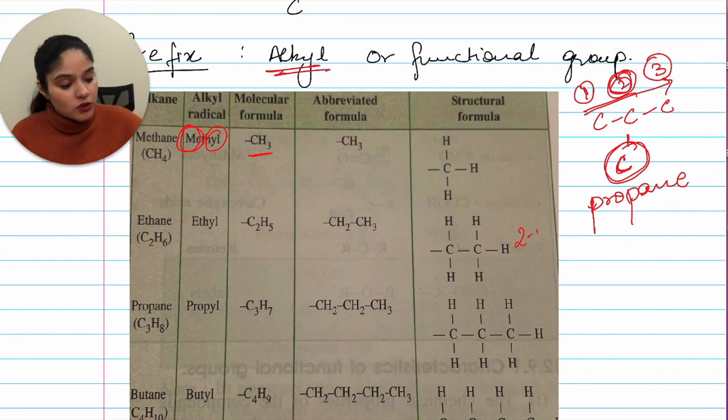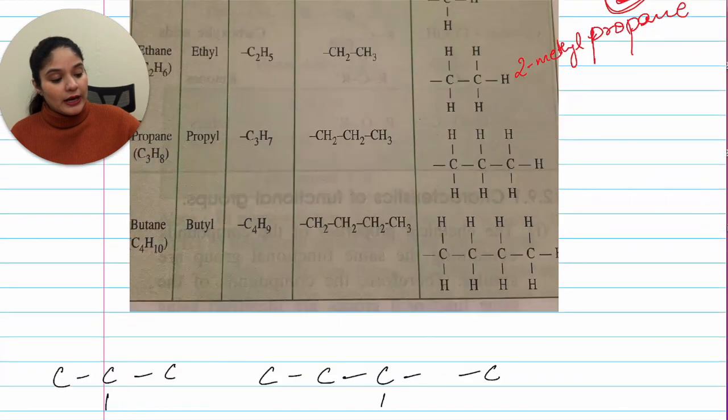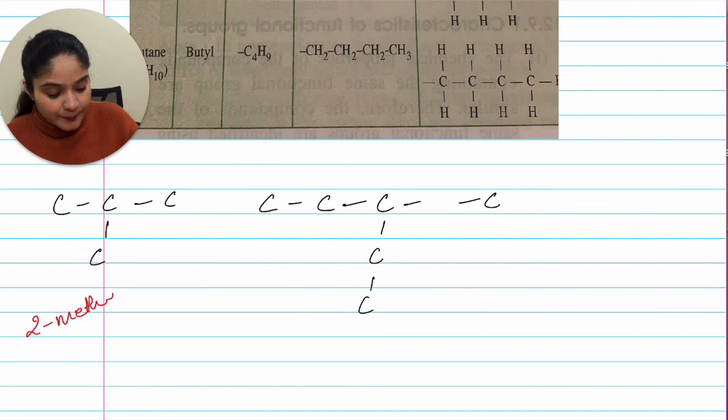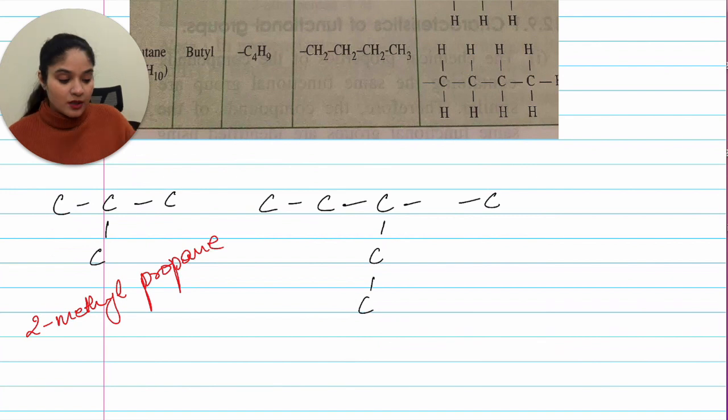You'll say 2 methyl. So you give the position: 2 methyl propane. Okay. Now instead of C, if I had something else, let's look at an example. So like for example, this one becomes 2 methyl propane. Let's look at another example.